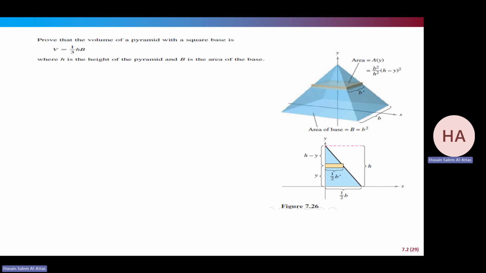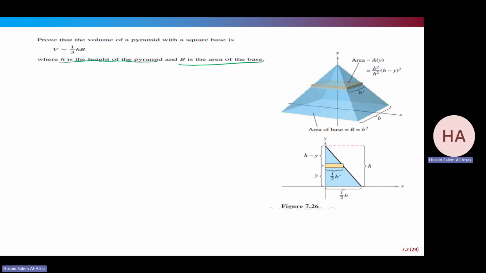Another one. Prove that the volume of the pyramid with a square base is this, where h is the height of the pyramid and capital B is the area of the base.